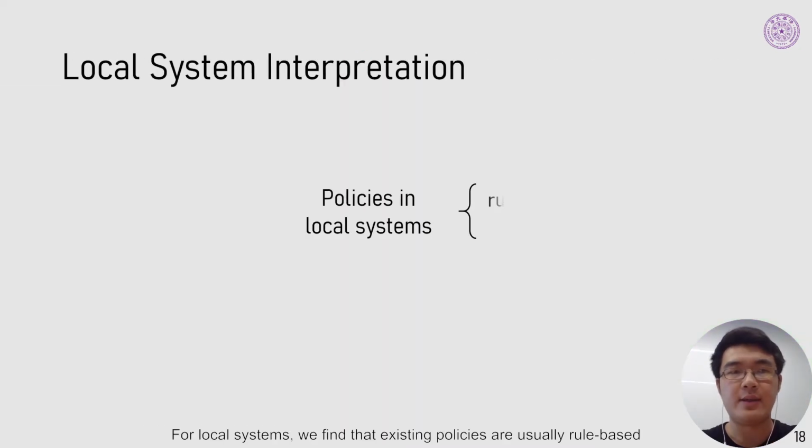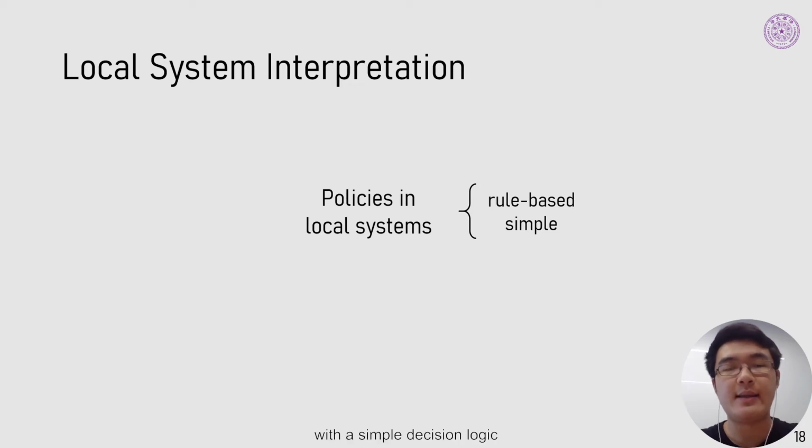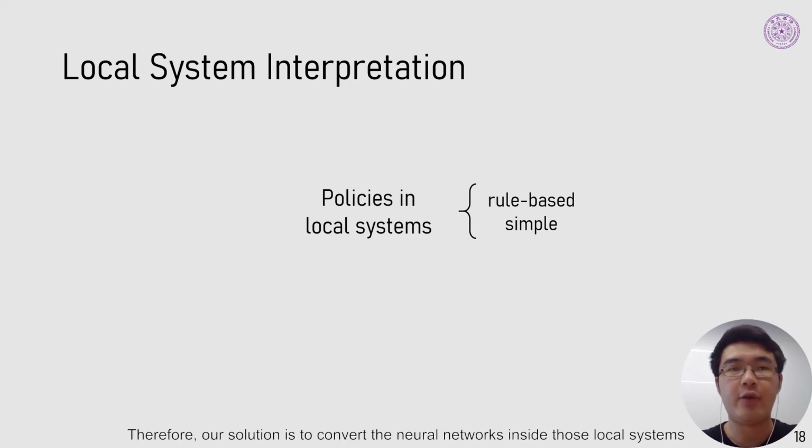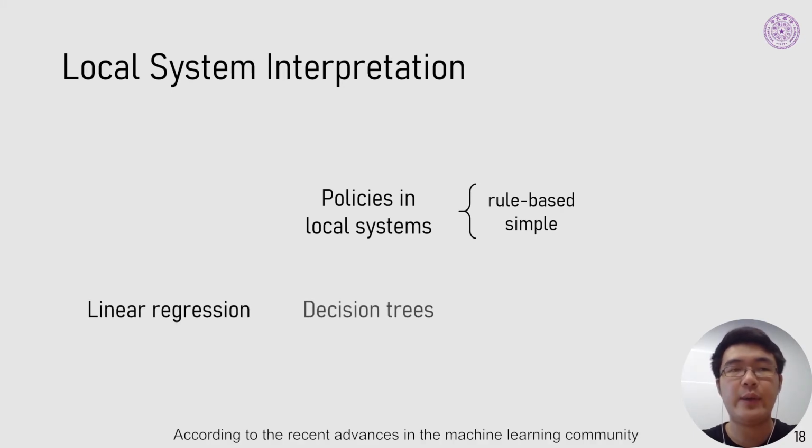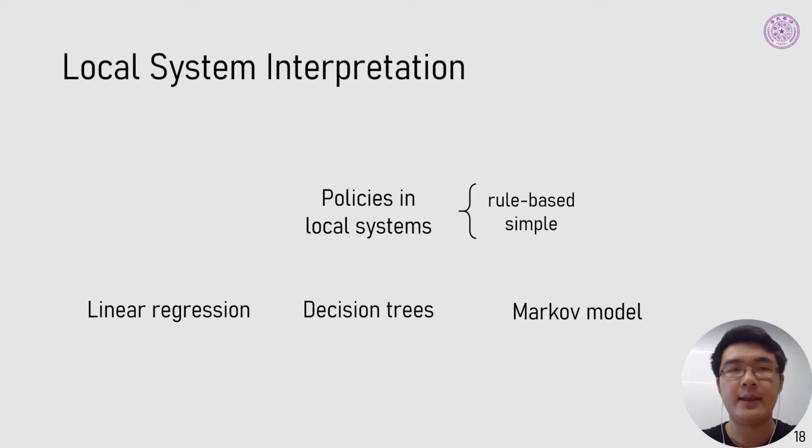For local systems, we find that existing policies are usually rule-based with a simple decision logic. Therefore, our solution is to convert the neural networks inside those local systems into simpler and self-interpretable models. According to recent advances in the machine learning community, there are many candidate models that could be the target of the conversion.